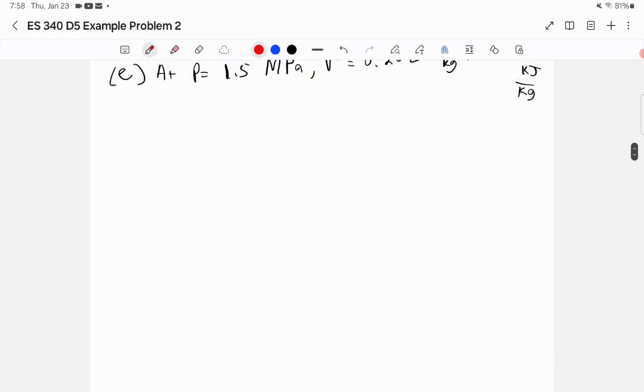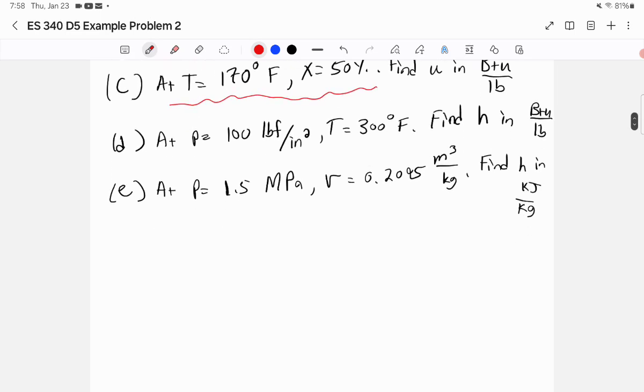So for part A, what I'm going to note is we had P equal to 2 megapascals, and T is equal to 300 degrees Celsius, and we want to find u.